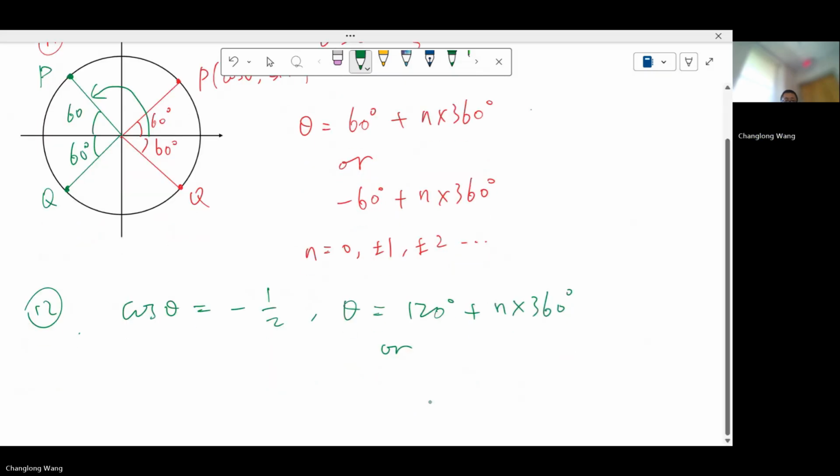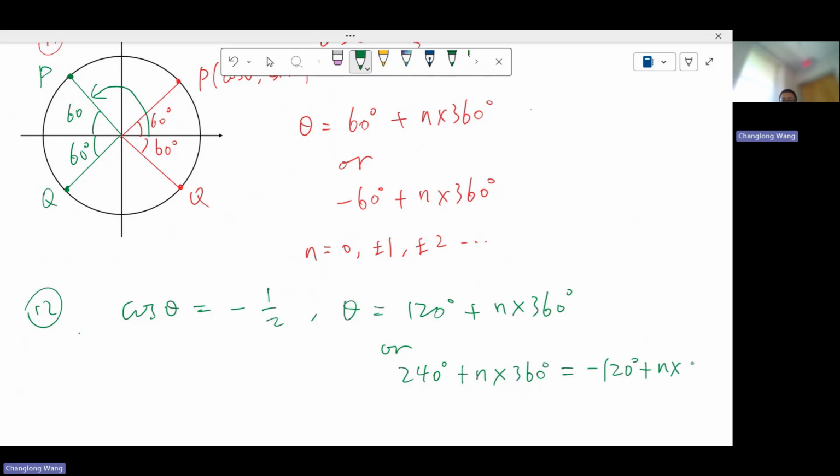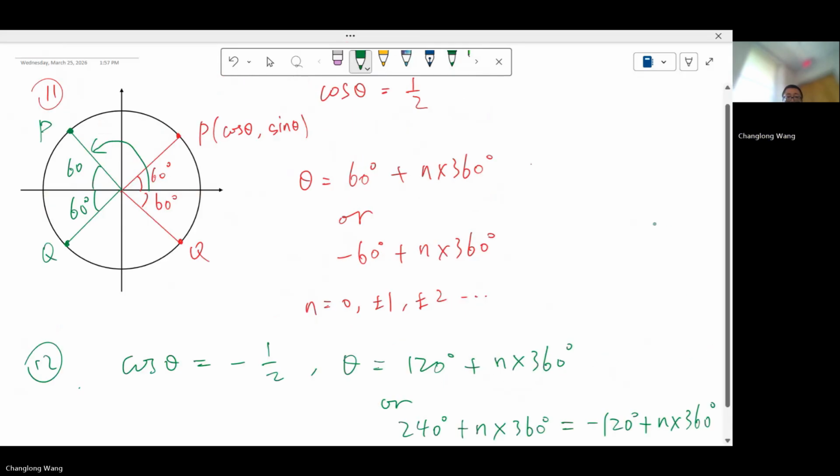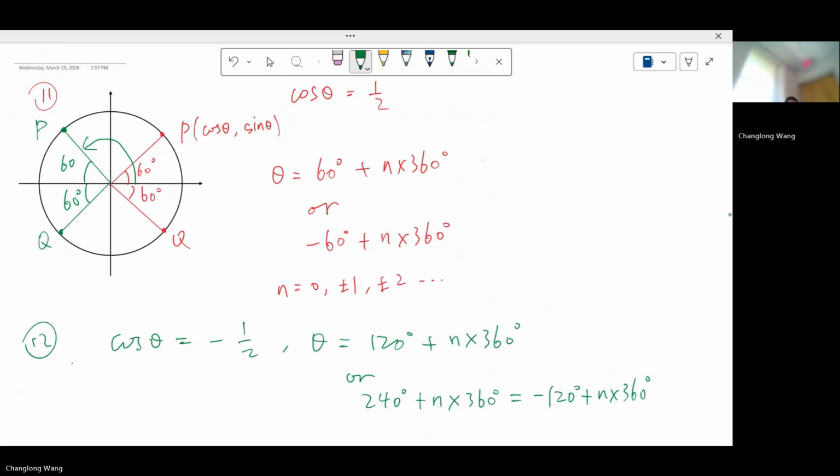Or you can do 240 plus n times 360, or if you like, negative 120 plus n times 360 degrees. Okay? Everything okay so far?